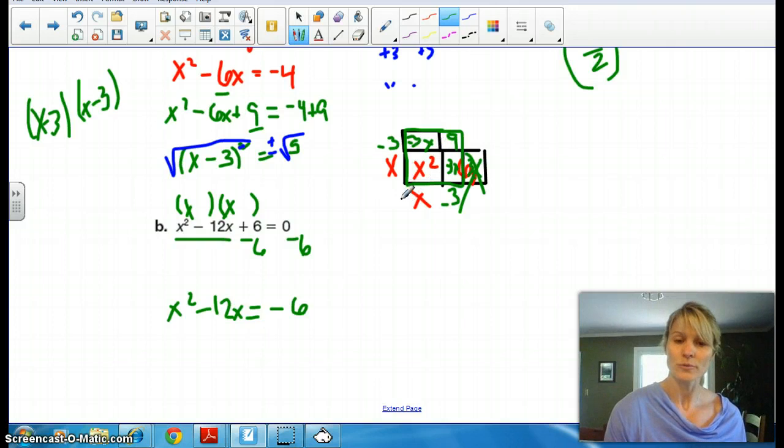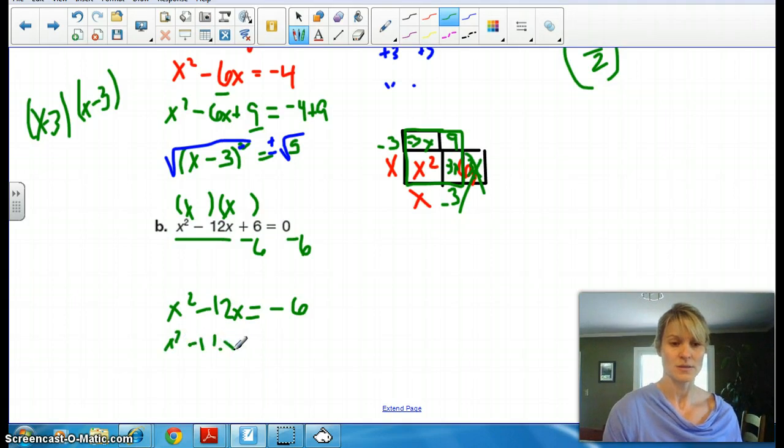And so we can go through and do this, but it's a little bit easier to think, okay, half of 12 is 6, and then 6 squared is 36. So we're just going to go x squared minus 12x, and then we're going to add 36 to this side, and then we're going to add 36 to this side. So at this point, I would like you to try to finish it, okay?